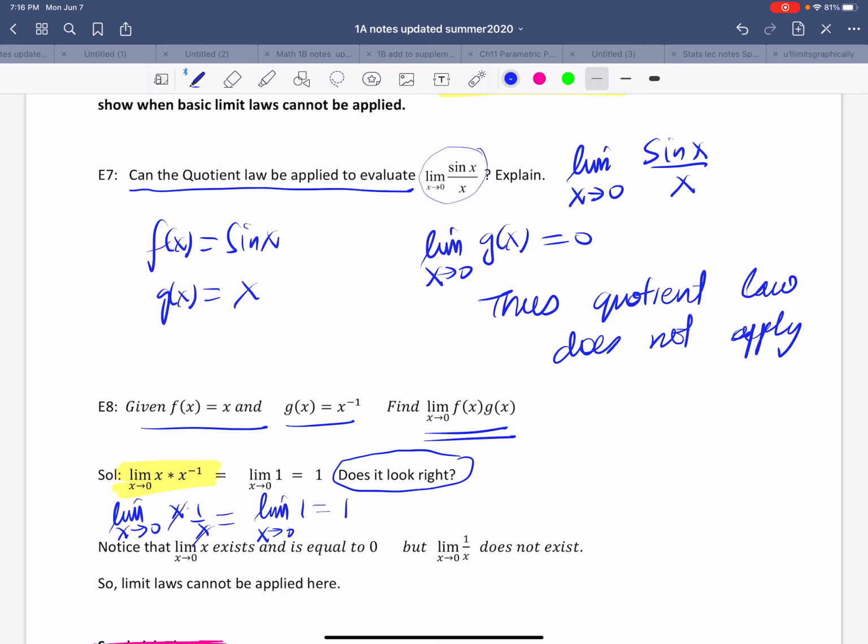Notice that the limit as x approaches 0 of x exists and is equal to 0. But the limit as x approaches 0 of 1 over x does not exist. Both individual limits should exist, only then the product law works.